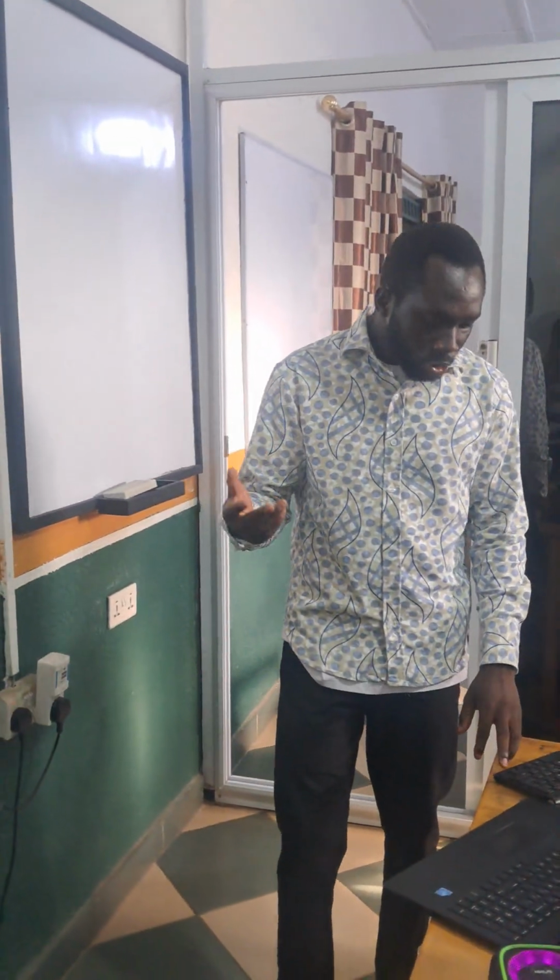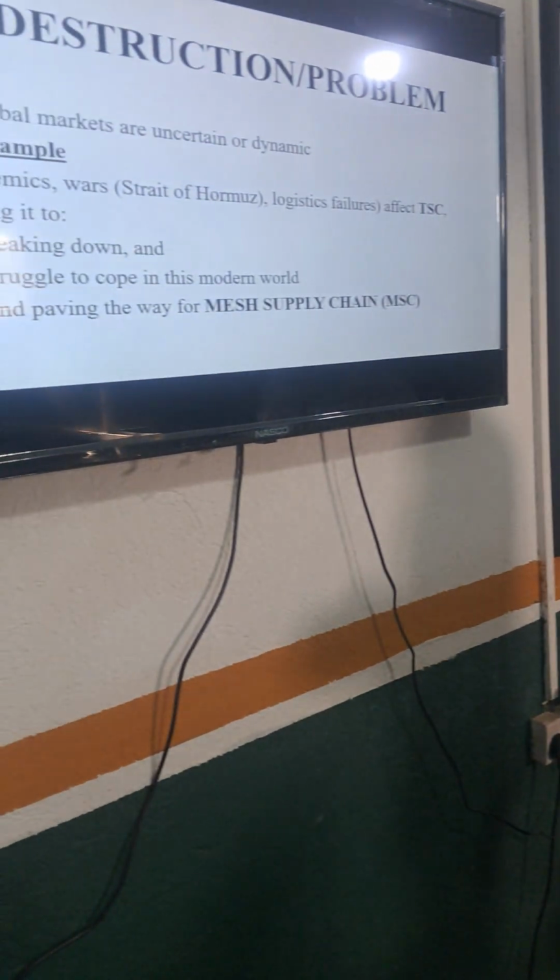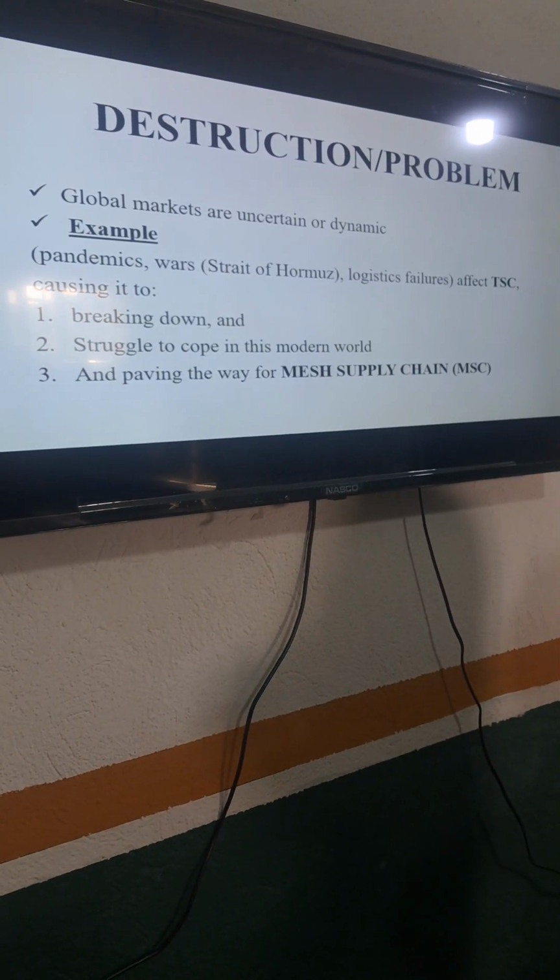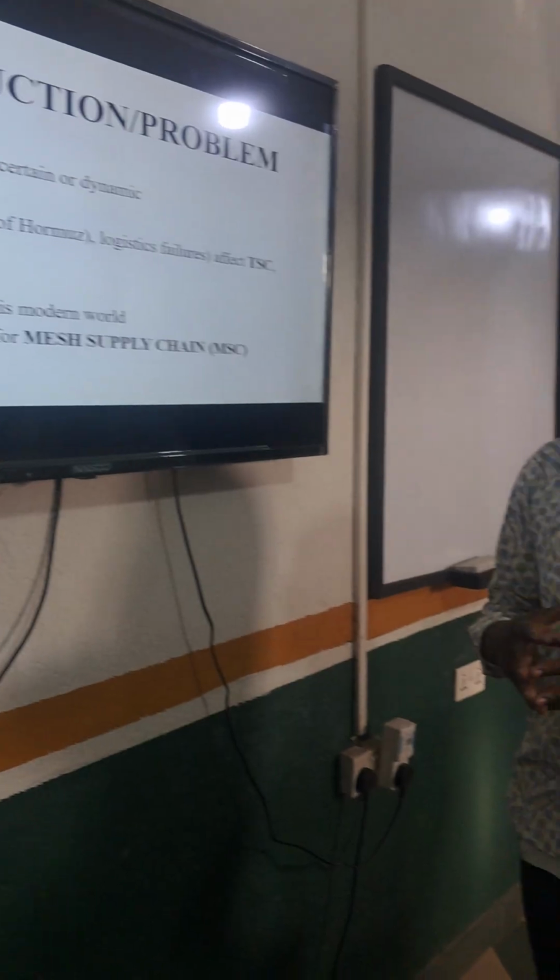So let's go to the disruptions that cause the backlashes of the traditional supply chain. The global uncertainties or the dynamism that happens in the environment normally disrupts the traditional supply chain, leading to the emergence of the modern supply chain.